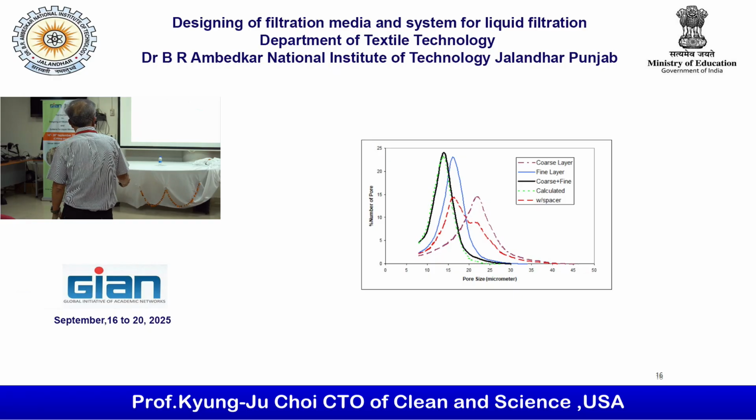If you have some space in between the layers, then this is what you see, the red one. So this one has part of this characteristic, and that one has part of that characteristic. I believe you understood. Tightly bonded and loosely bonded are characteristically different.